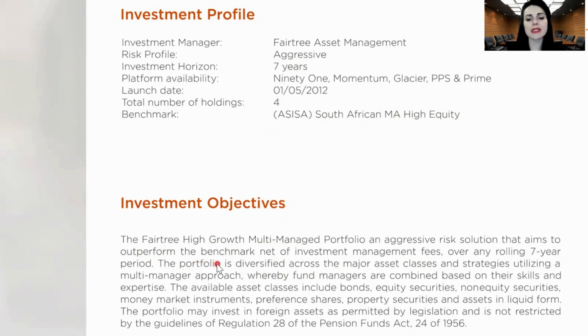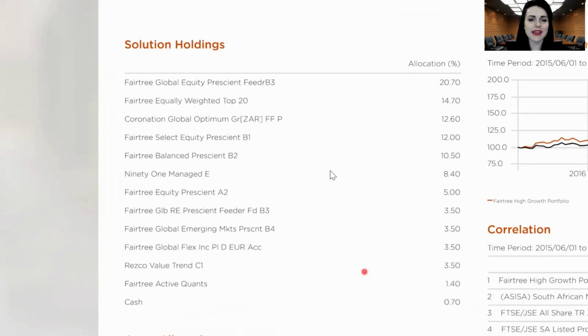And you will also see here that a multi-manager approach is being followed. And I will show you now who the other asset managers are that we also have as part of managing this portfolio.